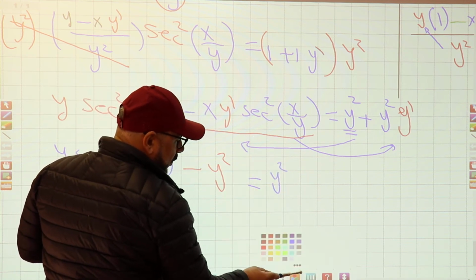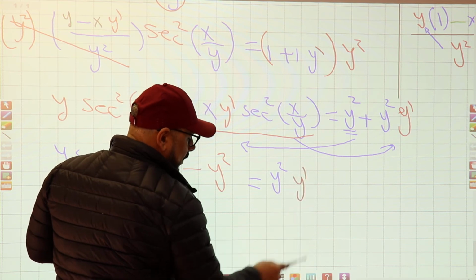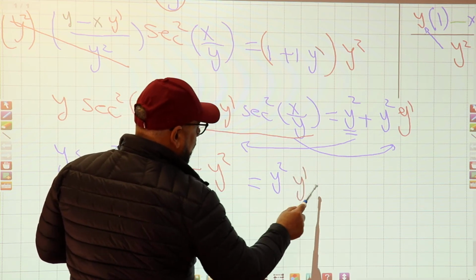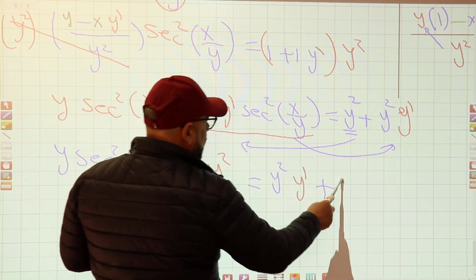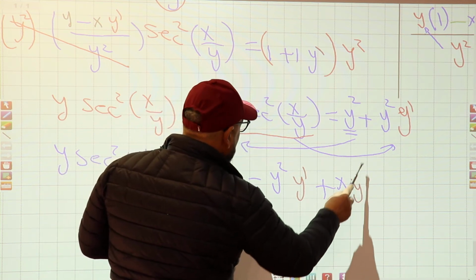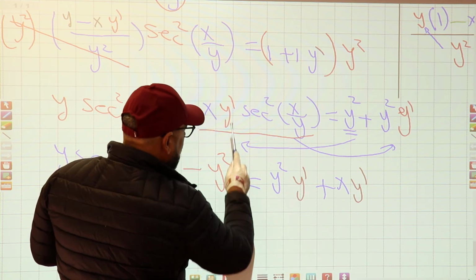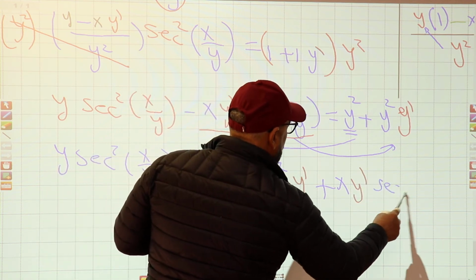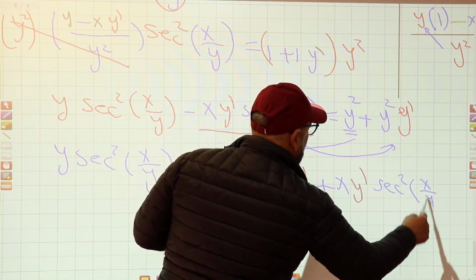Okay, I'm going to do two steps for you guys. Y prime y squared, plus, because we moved it, x y prime secant squared x over y. Okay.